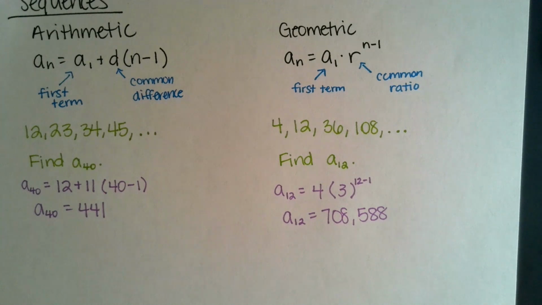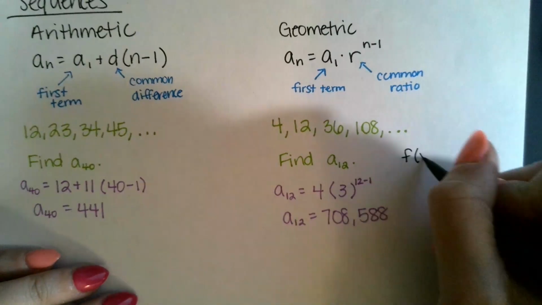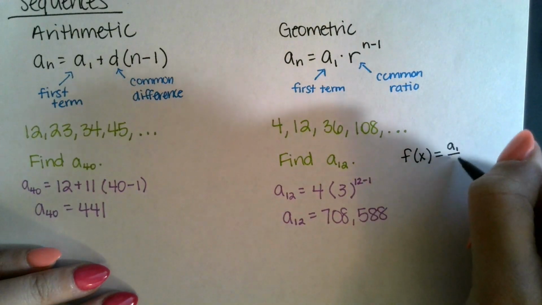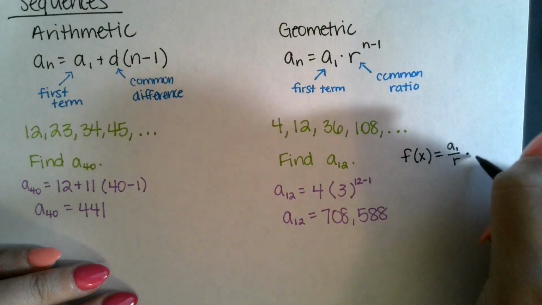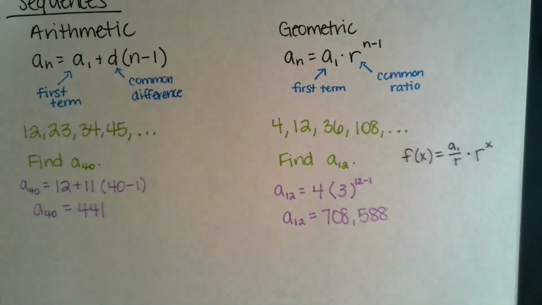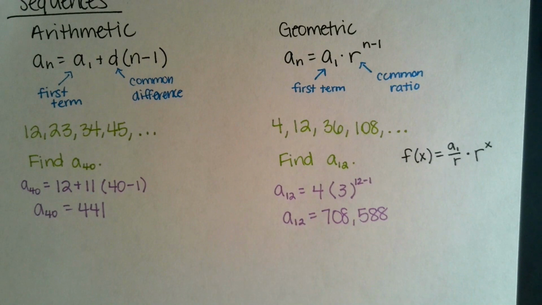Do you remember how to do that? That's okay. Here's the trick. f of x equals first term divided by the ratio times r to the x. First number divided by second number times second to the x was how I taught it to you.